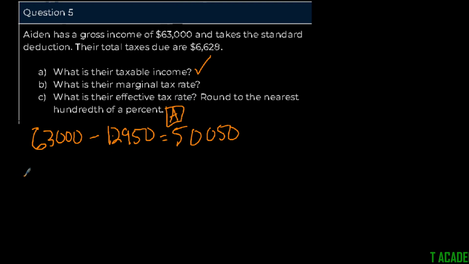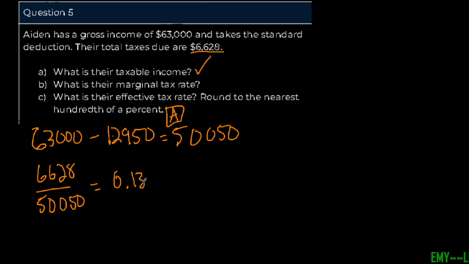So now for the second part, it says, what is the marginal tax rate? And what that means is we take this value that they have here, and we divide it. So 6,628 divided by the taxable income, which is $50,050. That's going to be about 0.1324.